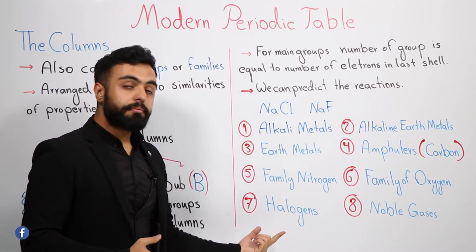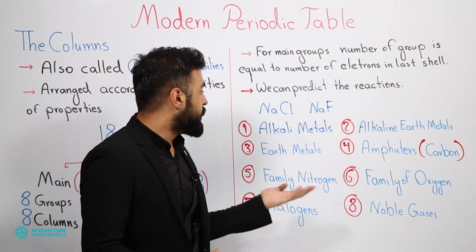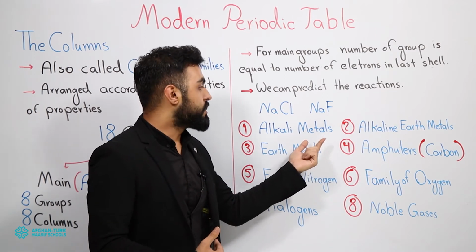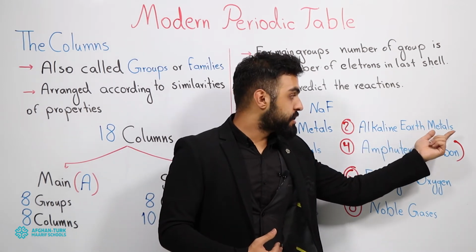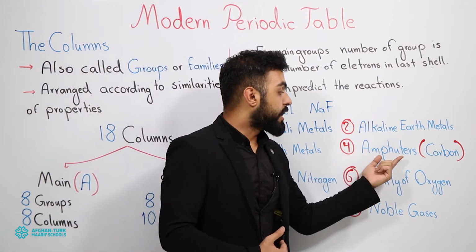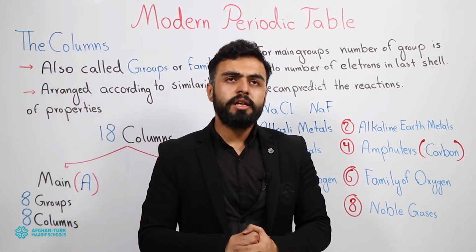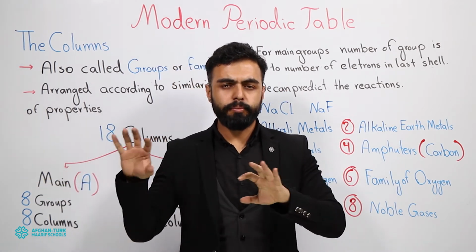We have 8 main groups, and each of them has a specific name. The first one is called alkali metals because they are mostly metals. The second one is called alkaline earth metals. The third one is called earth metals. The fourth one is called amphoters, or the family of carbon. Why amphoters? Because most of them have both properties.